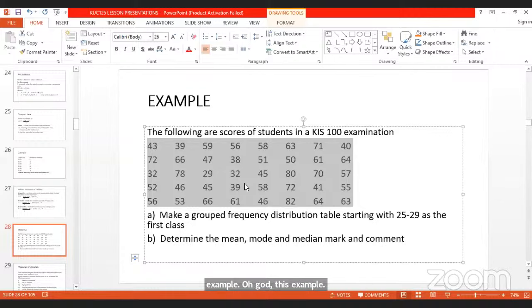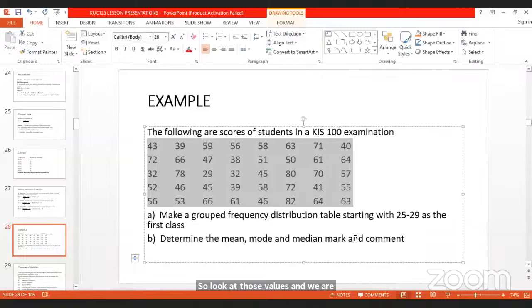Please look at them. And we want to make a group frequency distribution with the intervals 25 to 29 as the first class. Then we determine the mean, mode, and median mark. Then you comment. Now, this is a standard question.